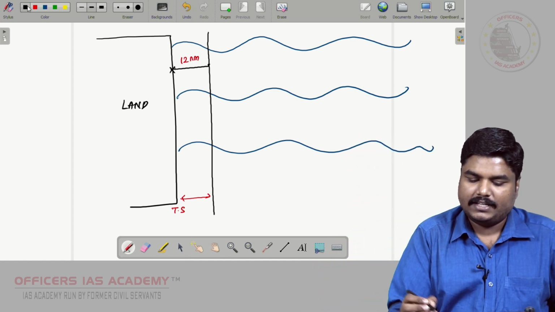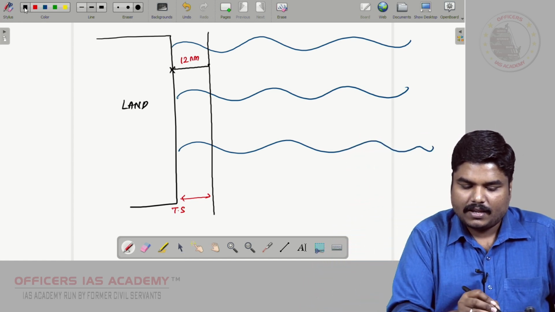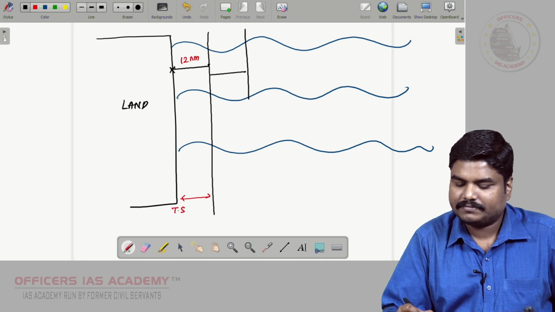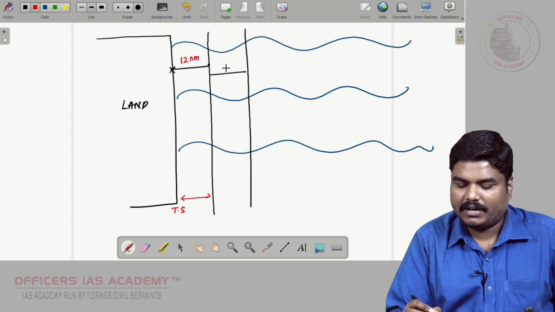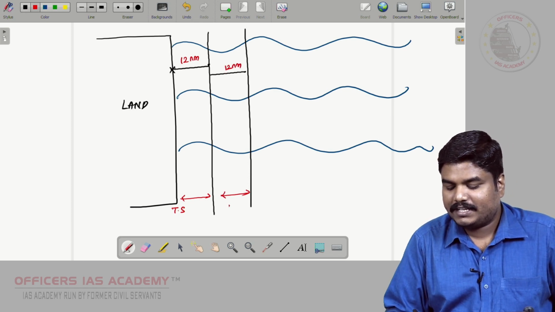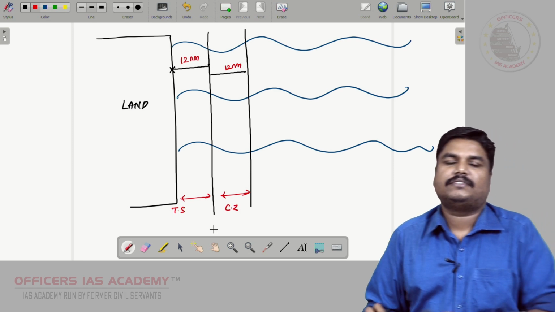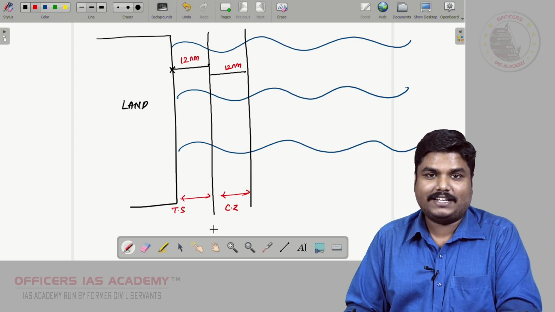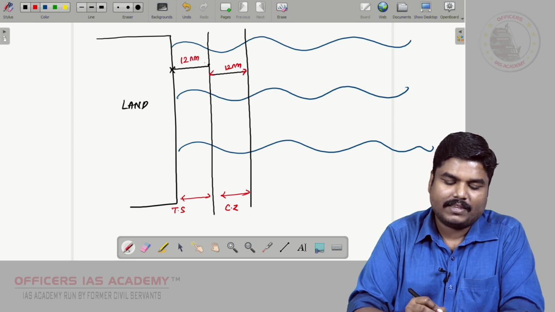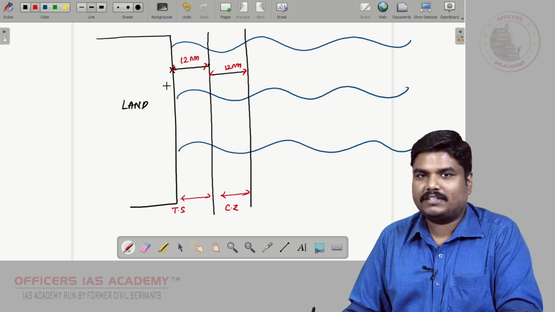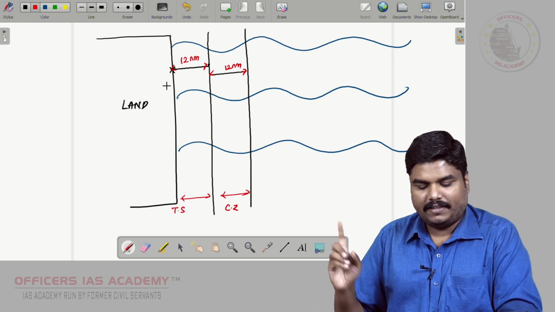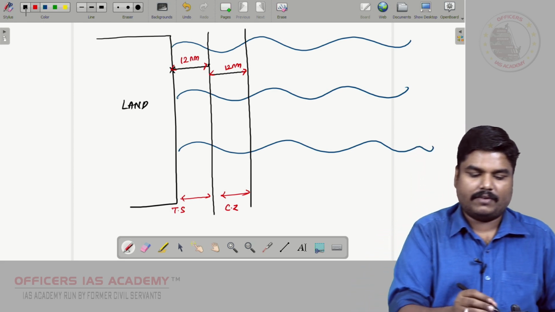Right? Now the next 12 nautical miles from this region is called the contiguous zone. I will explain what the territorial sea and contiguous zone are, but just try to understand what I am explaining here. So the first 12 nautical miles is called territorial waters, the next 12 nautical miles is called the contiguous zone.